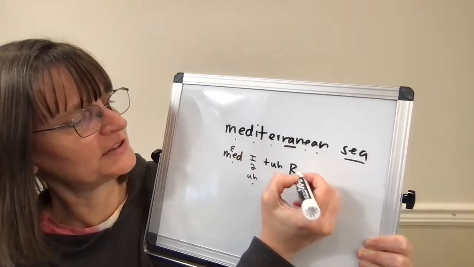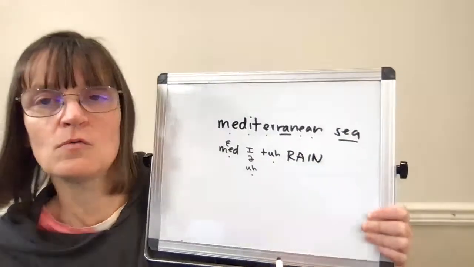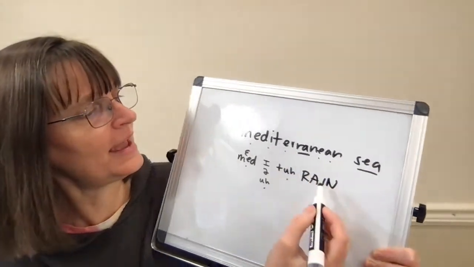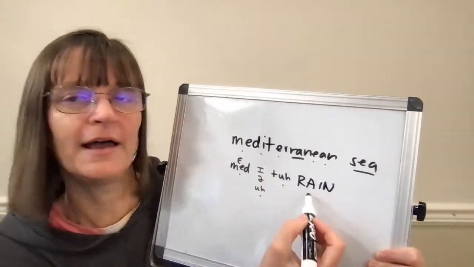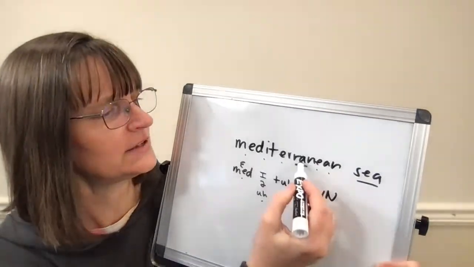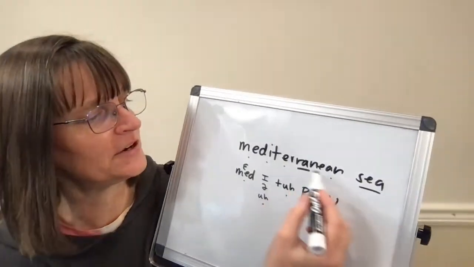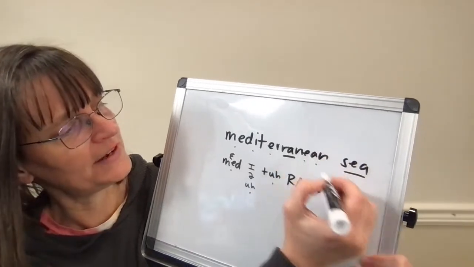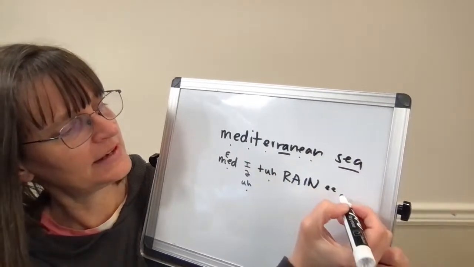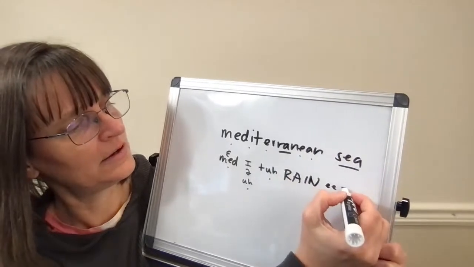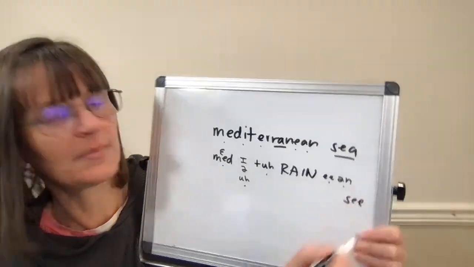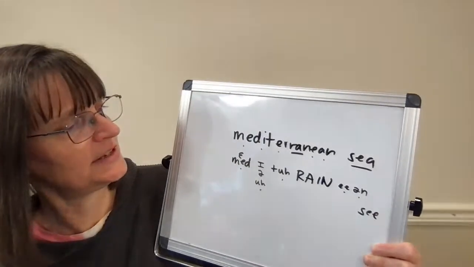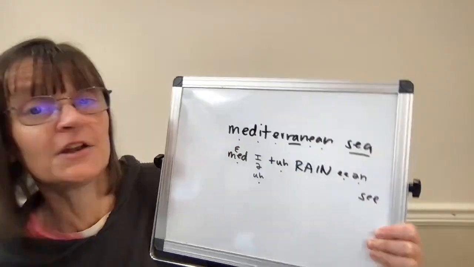Then here's my stress syllable, just like the word rain, my diphthong A. So this is an unusual spelling. Usually we have AY or AI for that A sound in English. In this case, it's just letter A, Mediterranean. And then we have an E, tense E, schwa, Mediterranean. And then C is just the same as to see, or just the tense E sound. Mediterranean Sea.